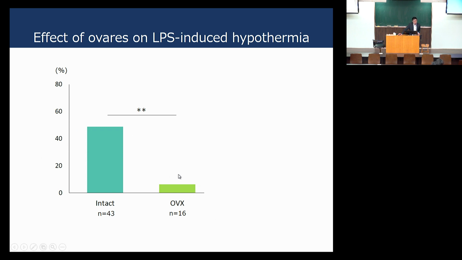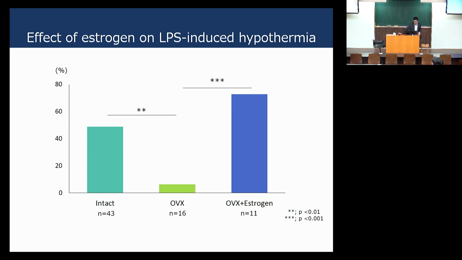Again, only one female still had hypothermia induced by LPS. We don't know why, but it happens in this kind of experiment, as you know. And then when we treated them with estrogen, this high ratio was recovered. It means estrogen has some effect on this LPS-induced hypothermia in the MPGS1 knockout mice.